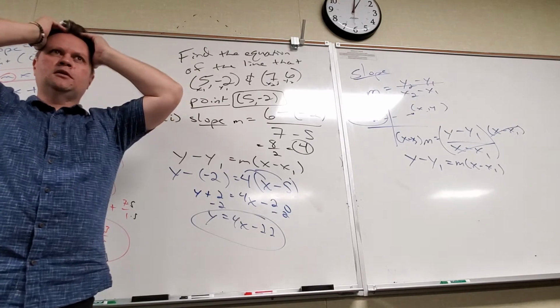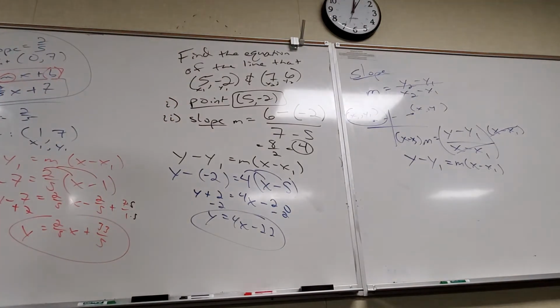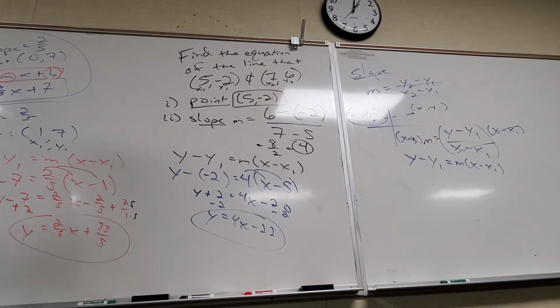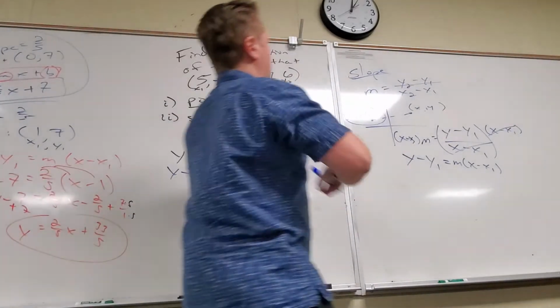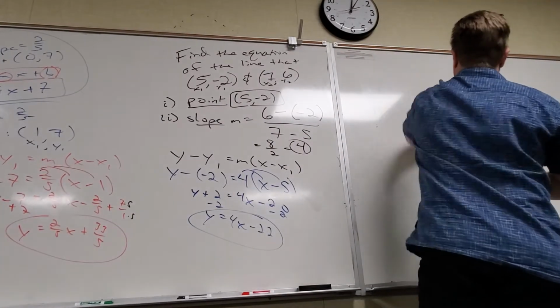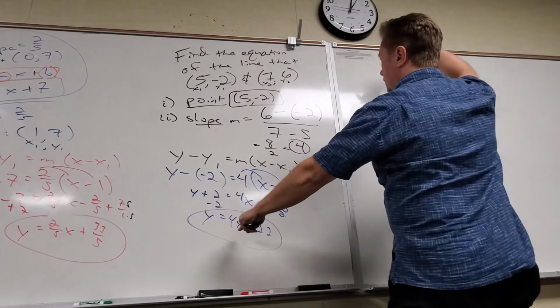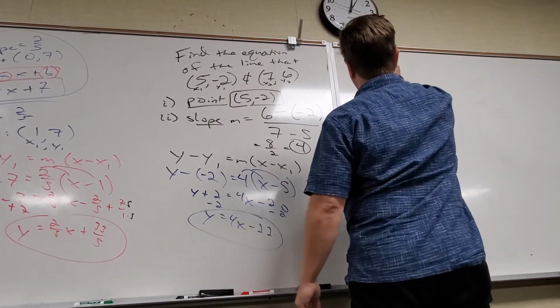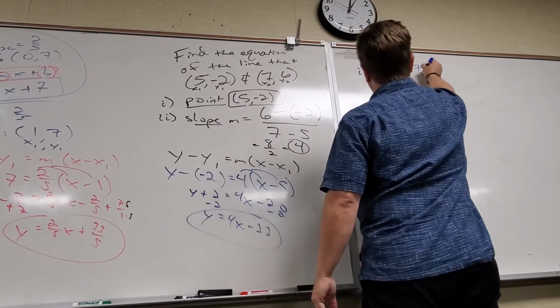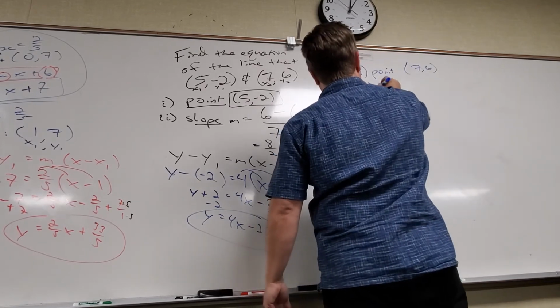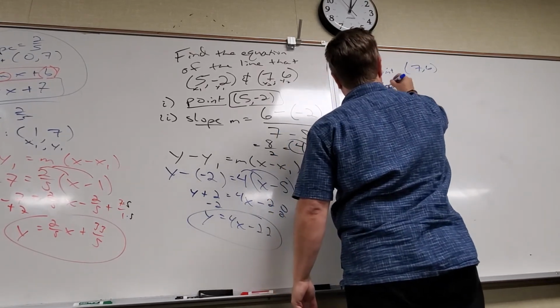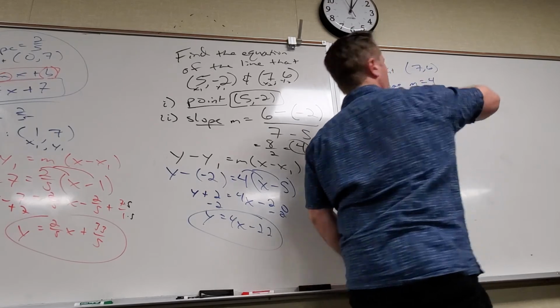All right, let's do it all over again, but use the other point instead. We won't use 5, -2. And this is where some people don't believe that it should come out to be the same equation. So I'm going to use the point 7, 6, and we already figured out the slope is 4. Is that cool?